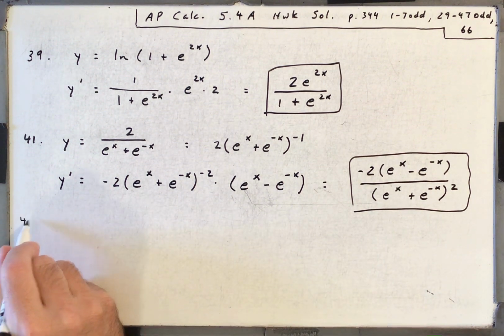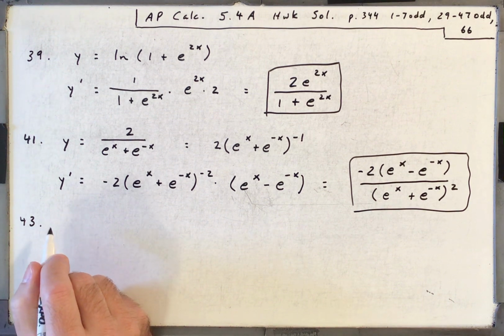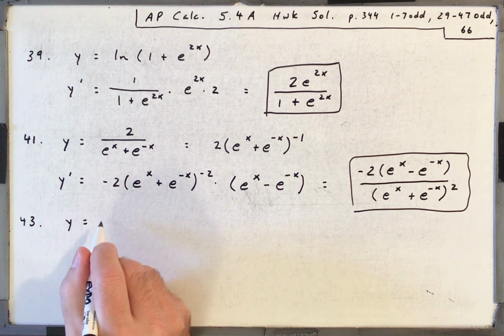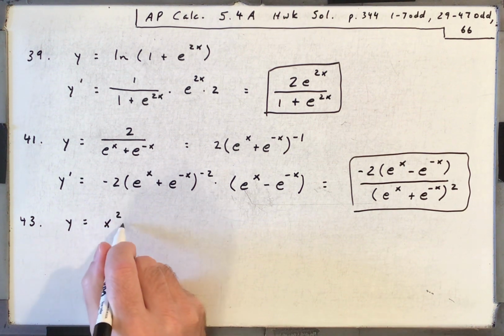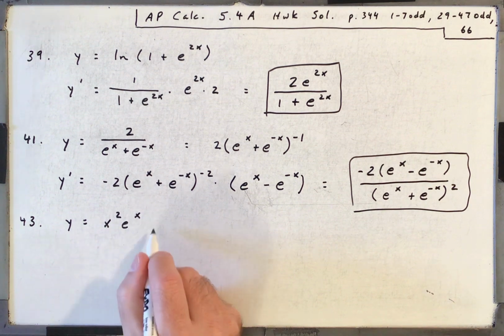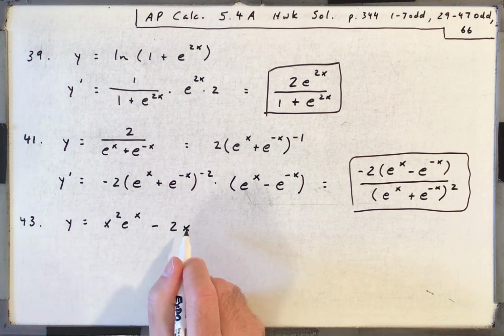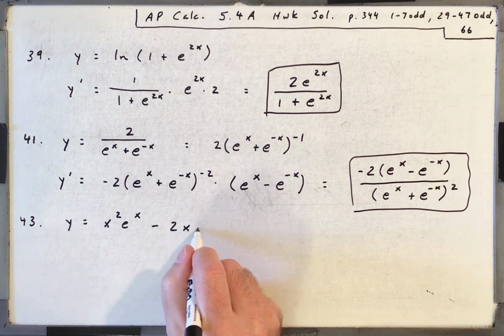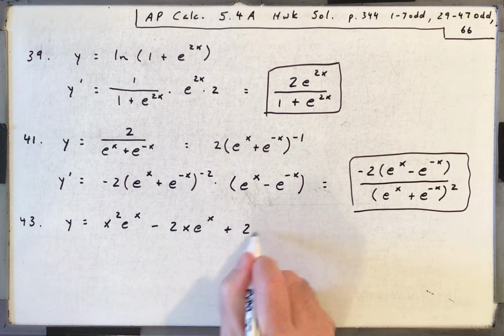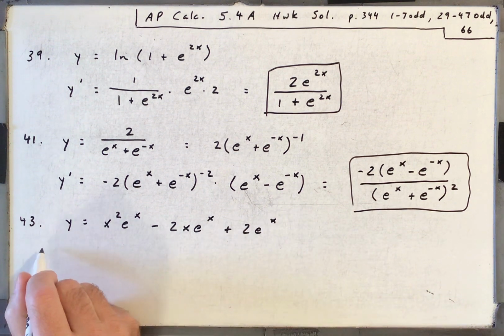Okay, let's see if we can fit 43 on here. So 43, we have y is equal to x squared times e to the x minus 2x e to the x plus 2e to the x. So this is a lot of product rule here.